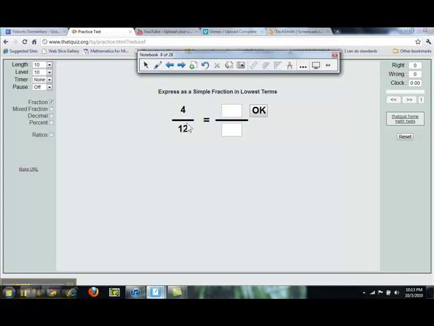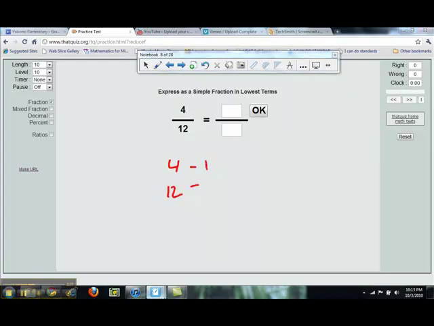4/12. With 4/12, we remember our lesson from equivalent fractions that anything that we divide or multiply by 1 is the same number. So we would first find the greatest common factor so we can find a magic 1. So let's write out the factors for 4 and 12.